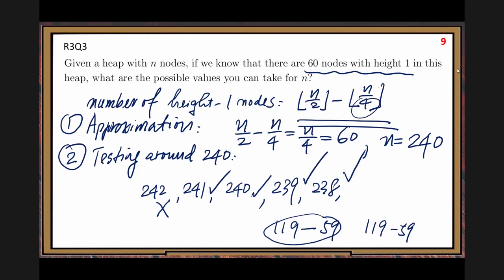Because in the previous one, denominator 2, we have two correct answers. Here, denominator 4, we have 4 correct answers, right? Although you can check 237, 118, but still 59, so it won't work. After you get 4 answers, that's all you have.